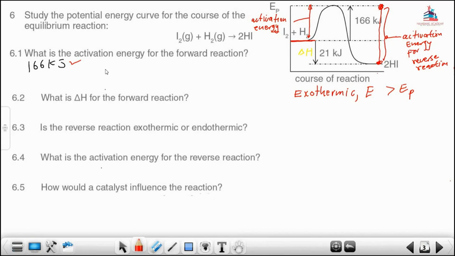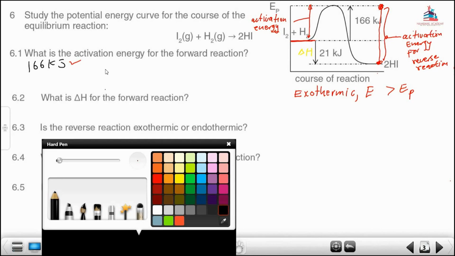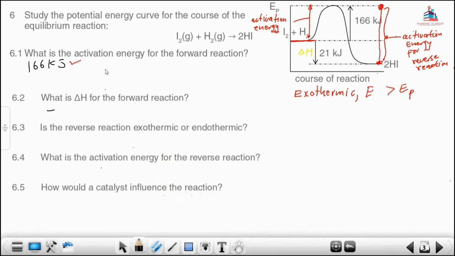Now, what is the other thing happening here? What is the delta H for the forward reaction? Delta H is now negative 21 kilojoules. Can somebody explain why I decided to add the negative there?